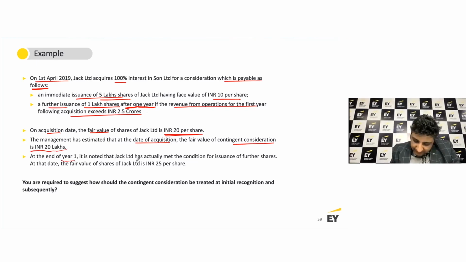At the end of the year one, it is noted that Jack has actually met the conditions for the issuance, and the fair value has turned out to be 25 rupees per share. The question is, how should the contingent consideration be treated at initial recognition and eventually at the time of settlement? Right. The easy pick is there is a certain issuance, so we have an equity interest.